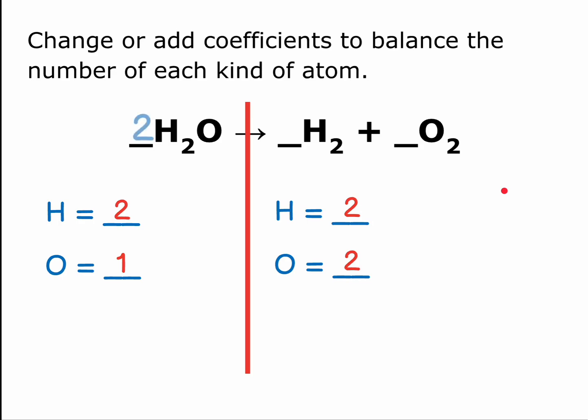And we'll do that by putting a 2 in front of this water molecule here, in front of the chemical formula for water. We're going to add the coefficient 2. So now we have to recount our atoms. So instead of having 2 hydrogen, we have 2 times 2, 4. And instead of having 1 oxygen, we have 1 times 2, which is 2.